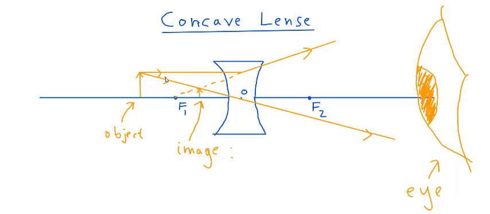There are a number of things to note about it. First of all, you can see it's smaller than the object arrow. So we say that the image is diminished because it's smaller, and that's always going to be the case with a concave lens.